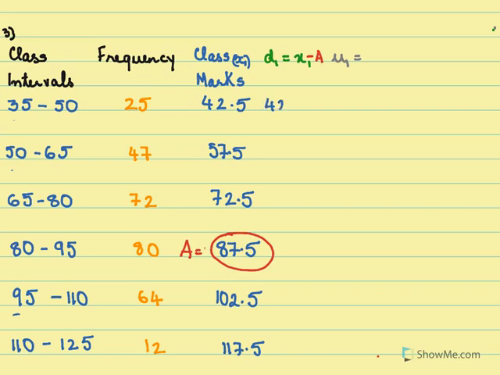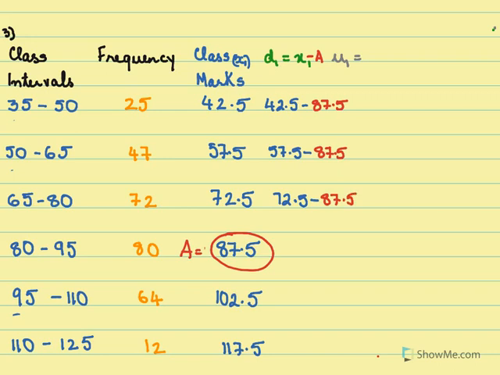So in the first case, I do 42.5 minus A, which is 87.5. The next, I have 57.5, which is my xi, minus A, that is 87.5. Then I have 72.5 minus 87.5.